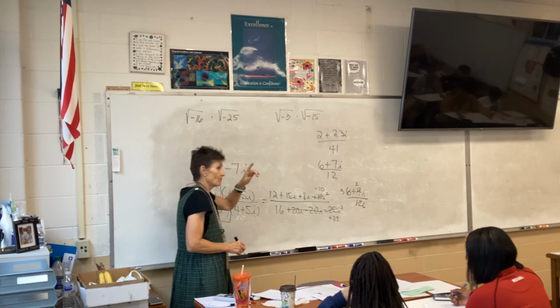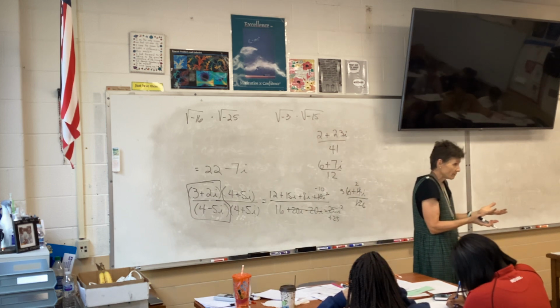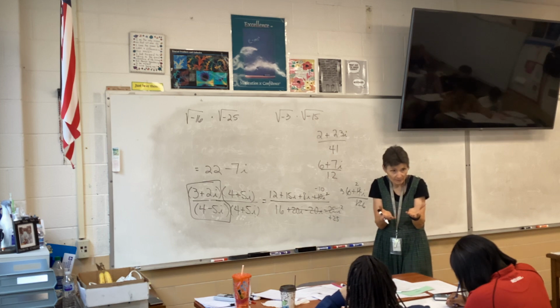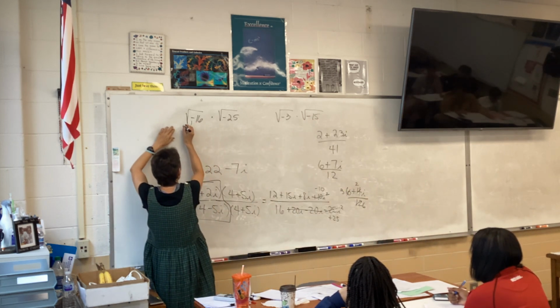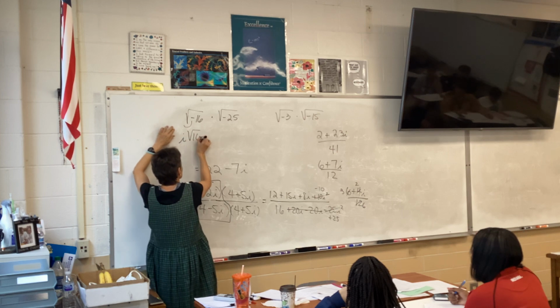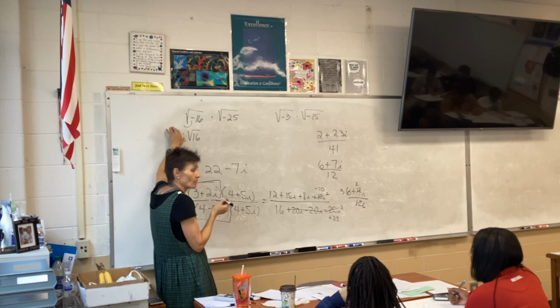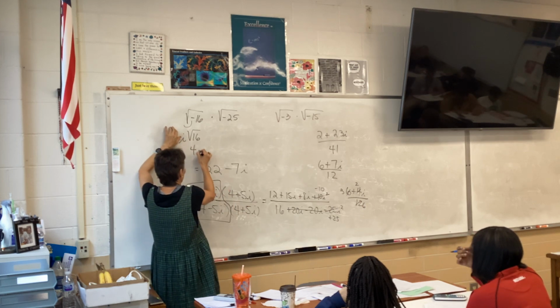Exactly. Remember, i is the square root of negative 1. So when you have the square root of a negative, the first thing you do is pull that negative out, but it becomes an i. And then Katie said take the square root like usual. Yeah, what's the square root of 16? So this is just going to be 4i.